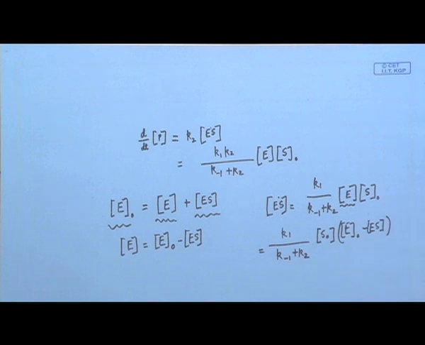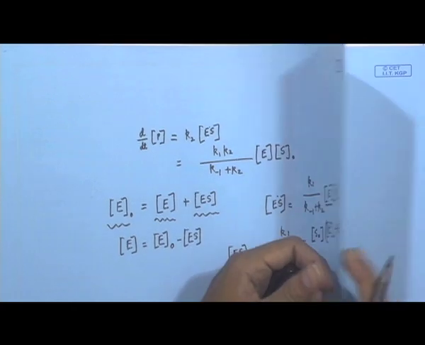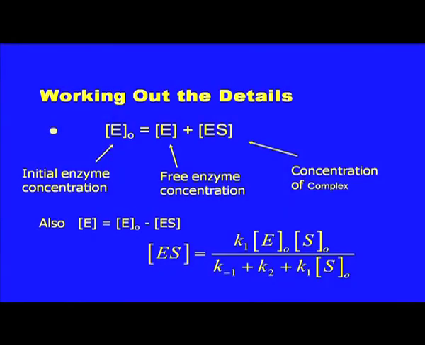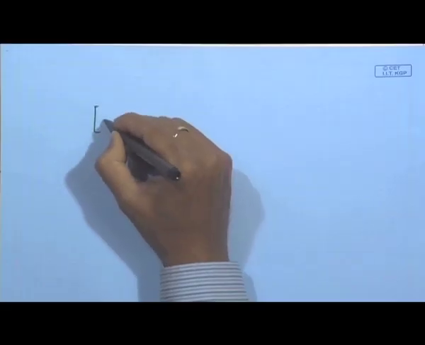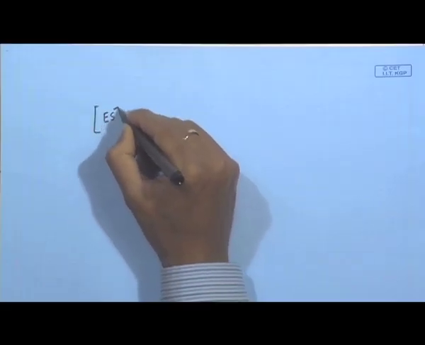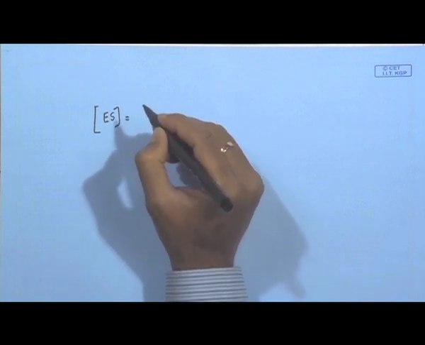So the left hand side has ES and the right hand side is also with ES. That means if you transpose, then your ES will come out to be equal to, let us do it again.